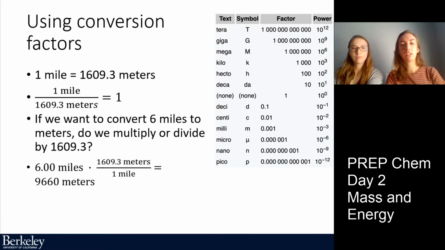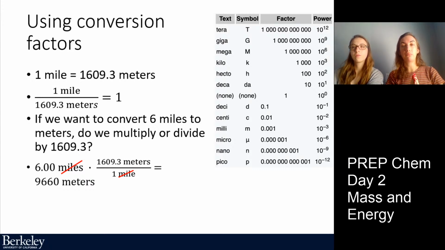So what we can do is take 6 miles times that conversion factor of 1609.3 meters divided by 1 mile. And then we can cancel things out. If anything is ever in both the top and bottom of a fraction, you can cancel it out. So in this case, miles cancels out, and so we know that our final answer is in units of meters.